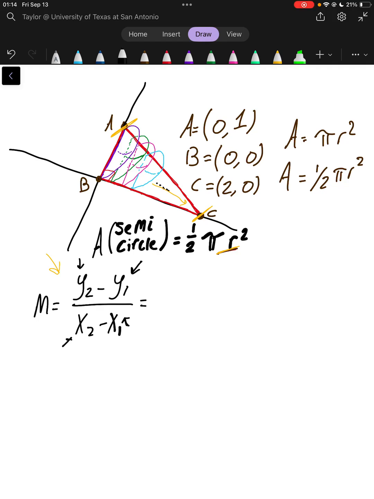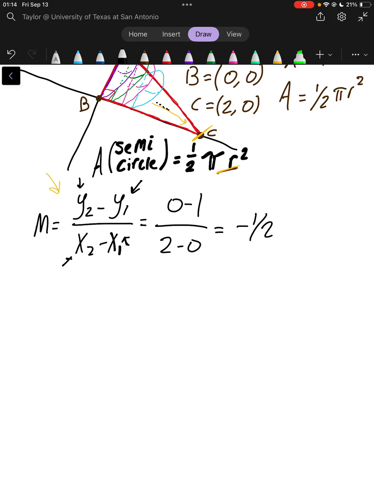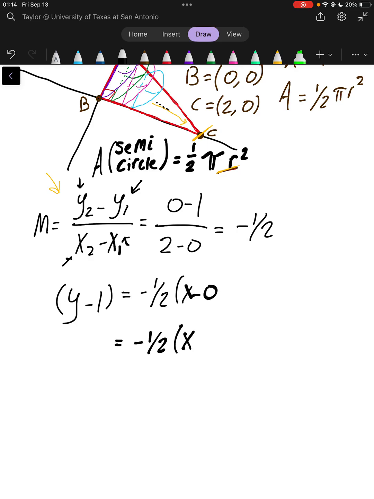So then I have 0 minus 1 over 2 minus 0 equals negative 1/2. Okay, and then in point slope form, we get y minus 1 equals negative 1/2 times x minus 0, which equals negative half x.